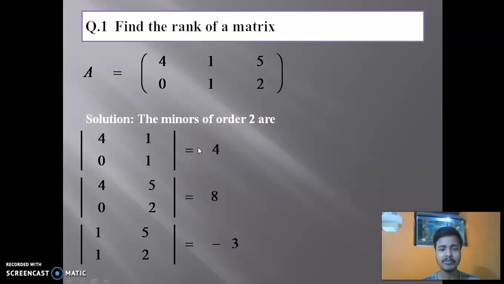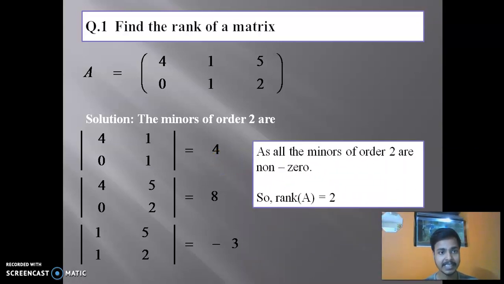How many non-zero minors do we want? We want at least 1, but we are getting 3 here. So what can we say about the rank of this matrix? As the minors of order 2 are non-zero, the rank should be 2.